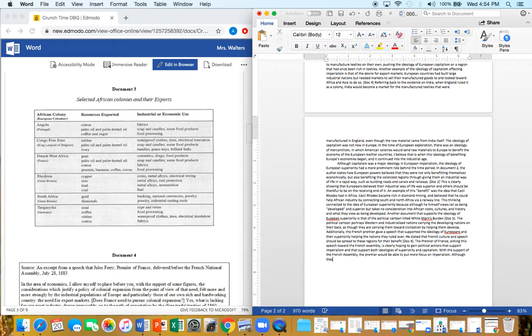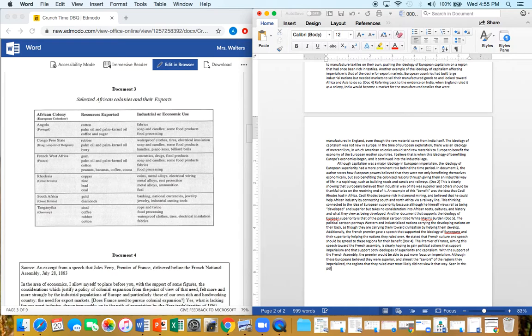Although these Europeans believed they were superior and almost the saviors of the regions they imperialized, the regions that they ruled over most likely did not view it that way.